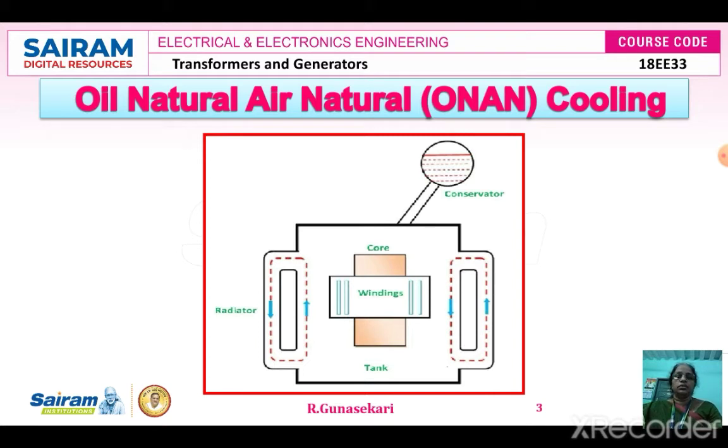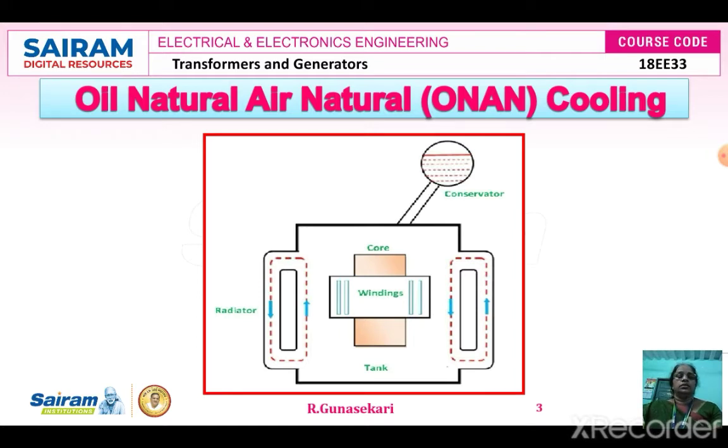The air flow, that means the circulation, is indicated in the diagram by dotted lines and arrow marks. That means the air circulation in the radiator is from upward to downward only. The transformer core and the transformer windings are both immersed in the transformer tank.